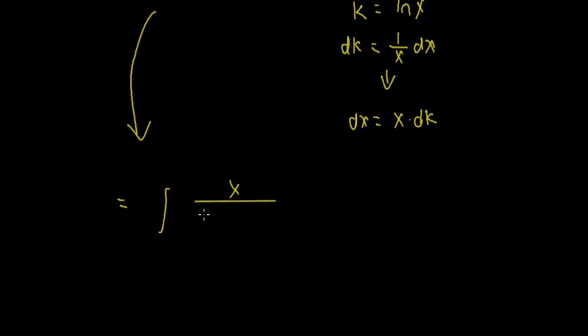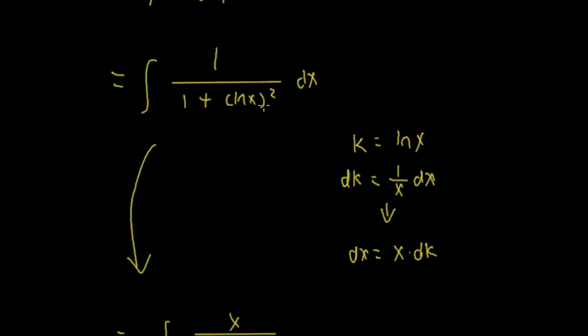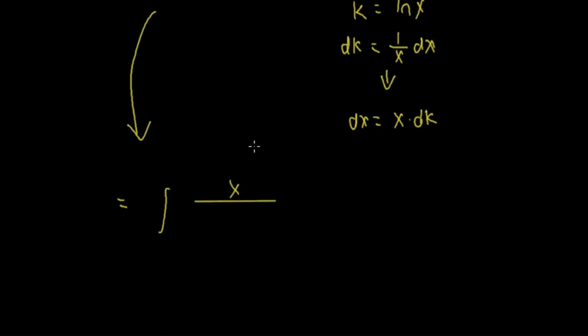Over here, 1 plus k squared, times dk, right? Yeah, x times dk is dx here. Now, we have to have everything in terms of k right now. So we cannot have the x here. How do we write the x?